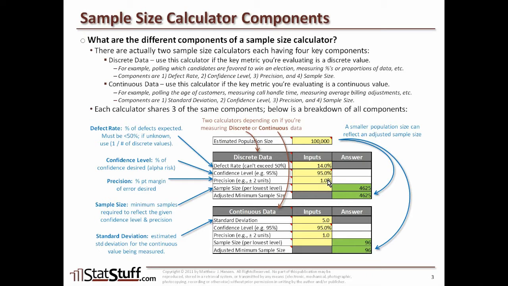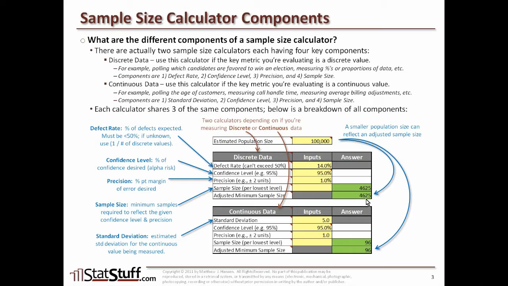However, if your population happens to be really small, much smaller than this example of 100,000, let's say you have a population of only 4,000. Well, you obviously have a lot fewer in your population than the samples you're required to collect. So what this will do is adjust downward to something smaller than your population to get a reasonable level.